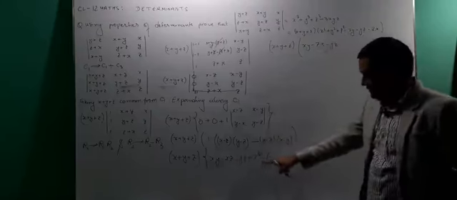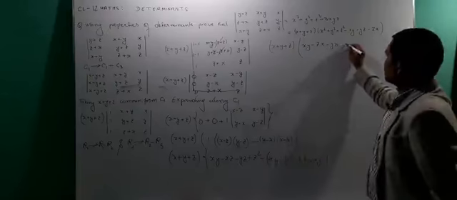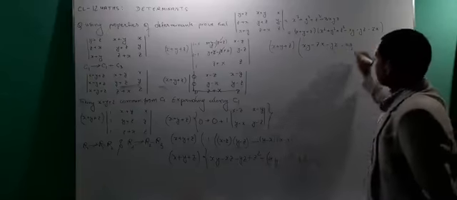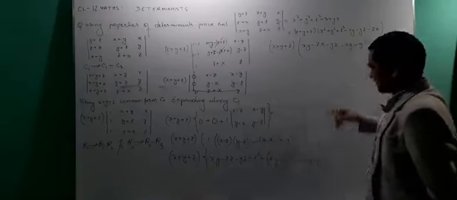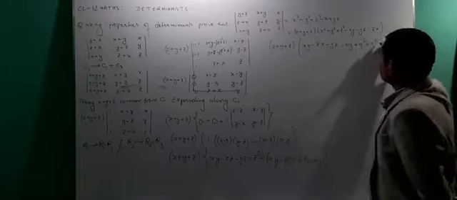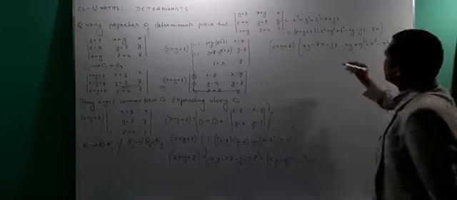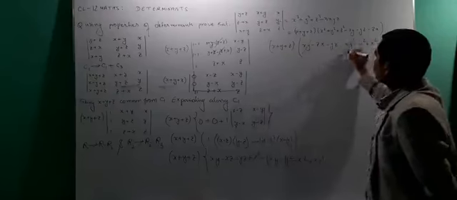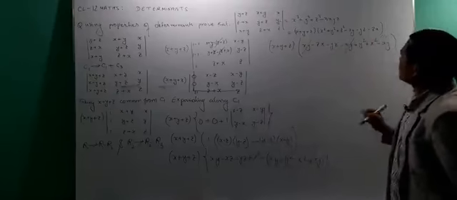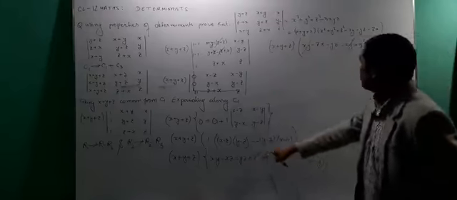Now take this minus and multiply all these terms: minus xy, plus y squared, plus x squared, minus xy. Now this plus xy and minus xy cancel. Now I get this plus z squared. Okay, plus z squared is there.